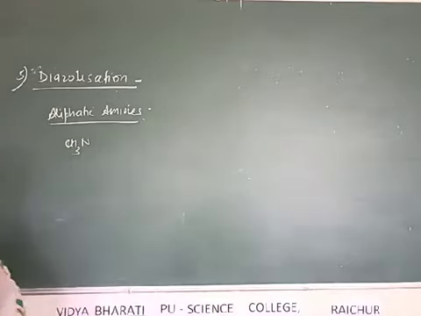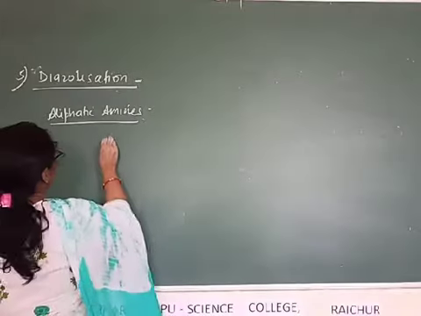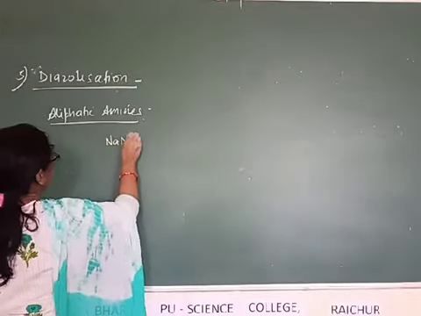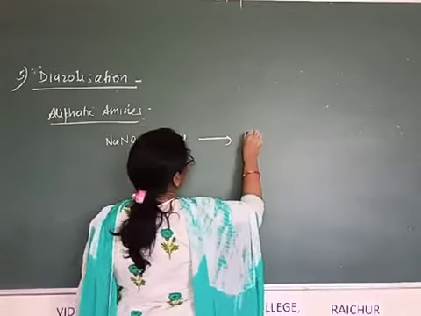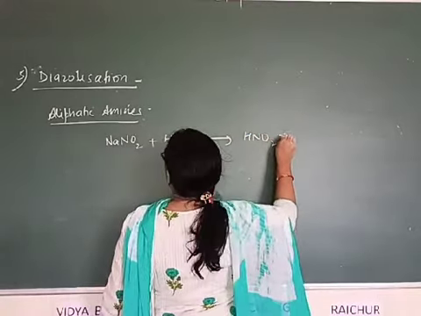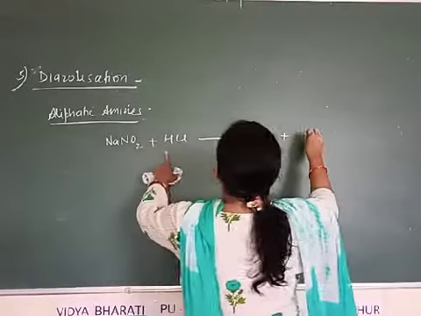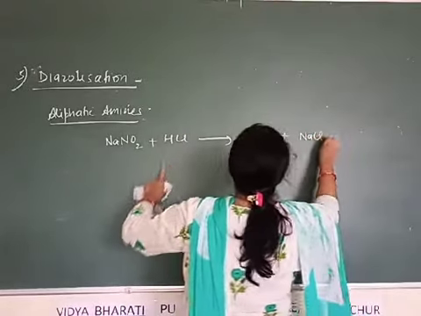First you write this reaction. We take sodium nitrite treated with HCl. It will give you nitrous acid plus sodium chloride.